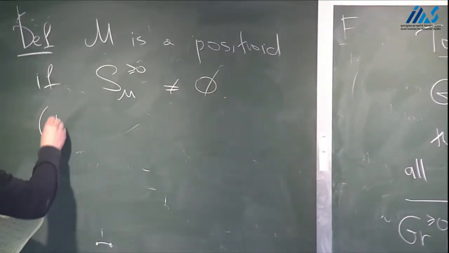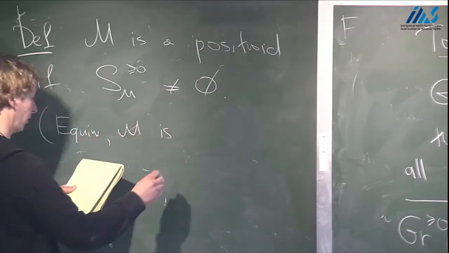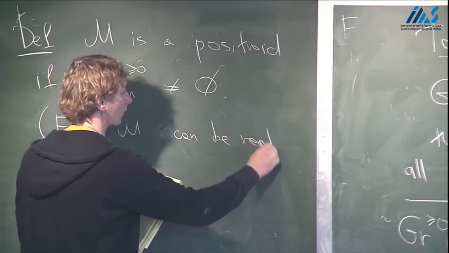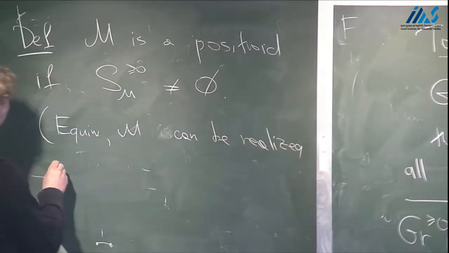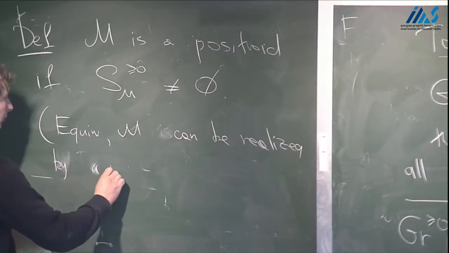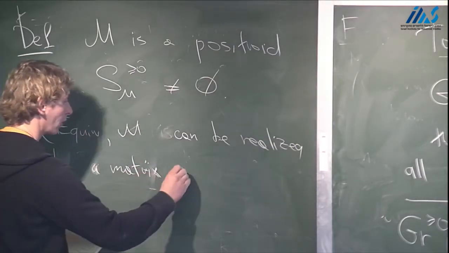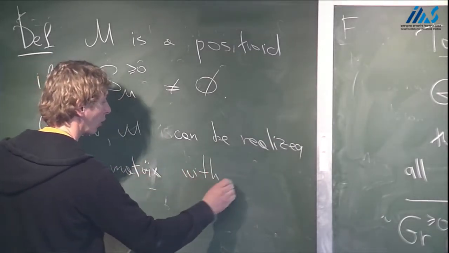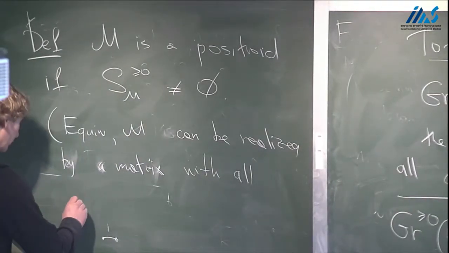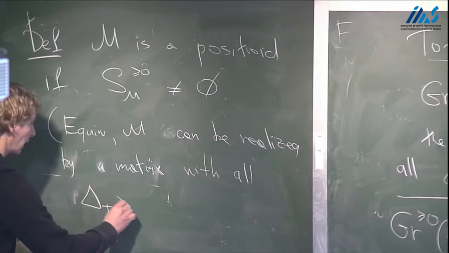Equivalently, a matroid can be realized by a matrix with all non-negative maximal minors, with all Δ_I greater than or equal to 0.